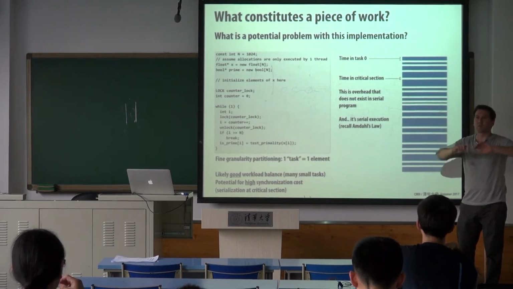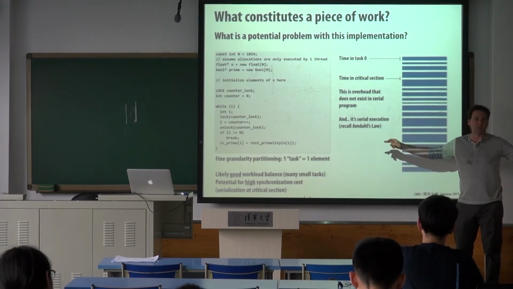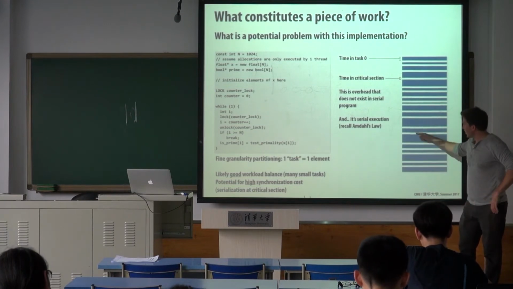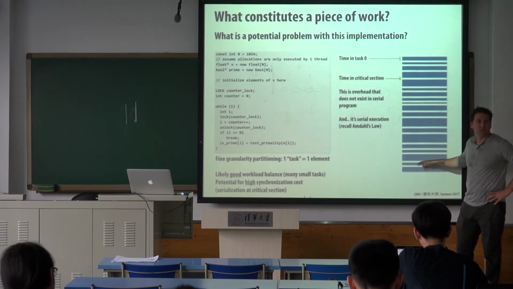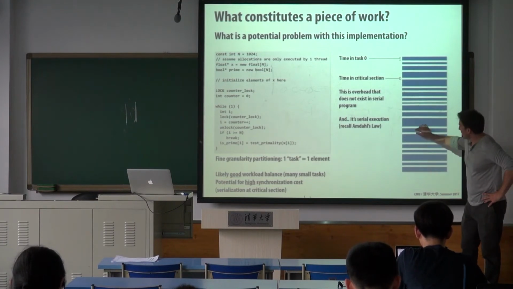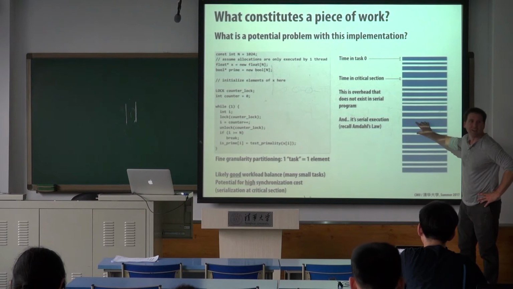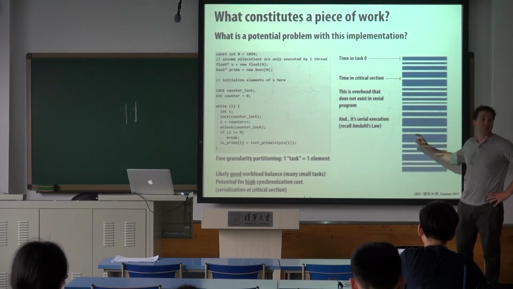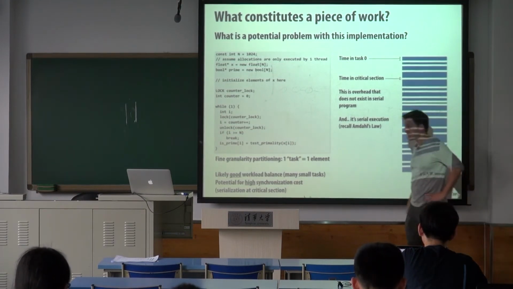So even though my program is perfectly balanced on all the workers, because I'm doing a whole bunch of extra work, my speed up may not be as good. And if the white bars happen to get bigger than the blue bars, my speed up could be quite bad. Very bad.